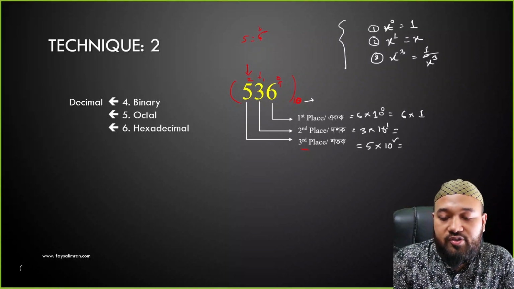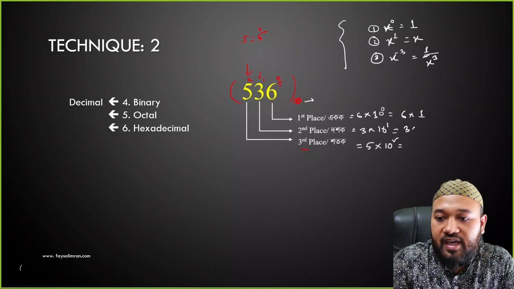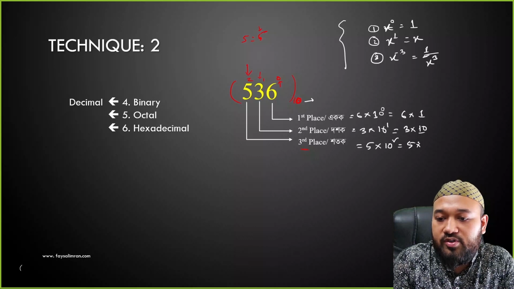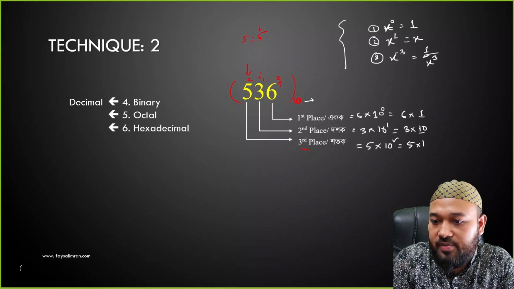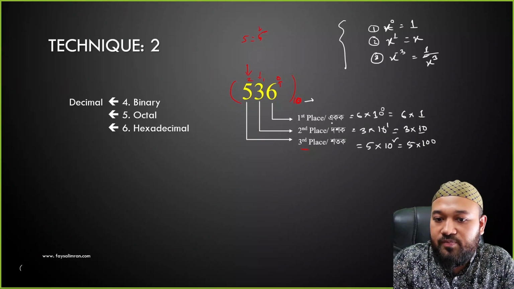So 3 times 10 to the power 1, we can write it as 10. Also 5 times 10 to the power 2, that means 10 squared, which represents 100. So this is our place value: first place, second place and third place.